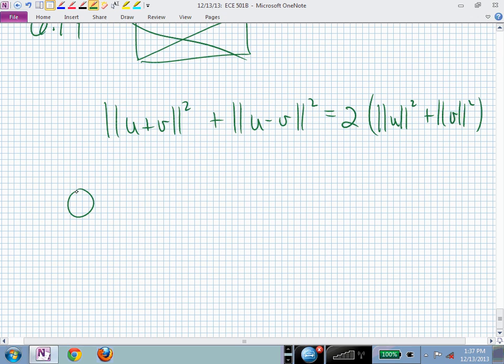Then, once we have length and angle, we can start building up basis vectors that are orthonormal. We can get them to be orthogonal, and then we can normalize them by dividing by their length. That now gives us an orthonormal basis.